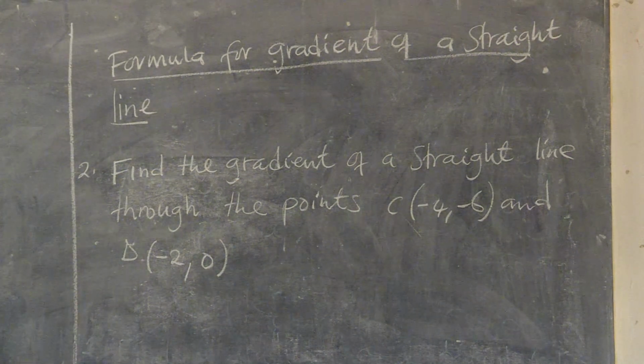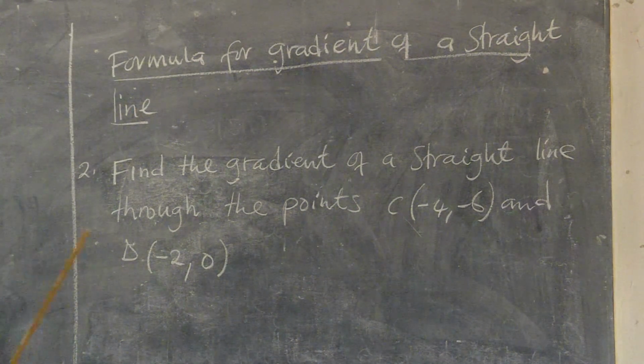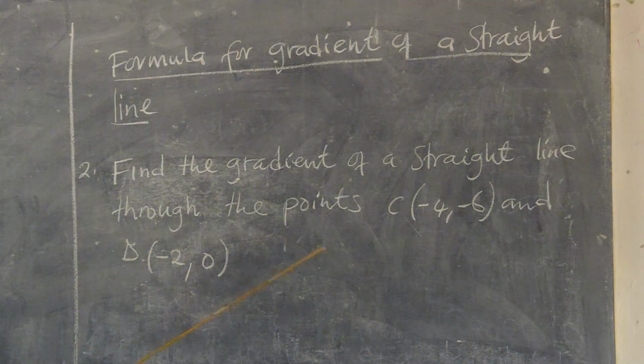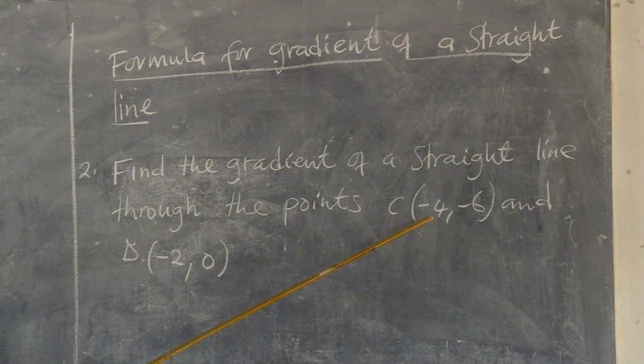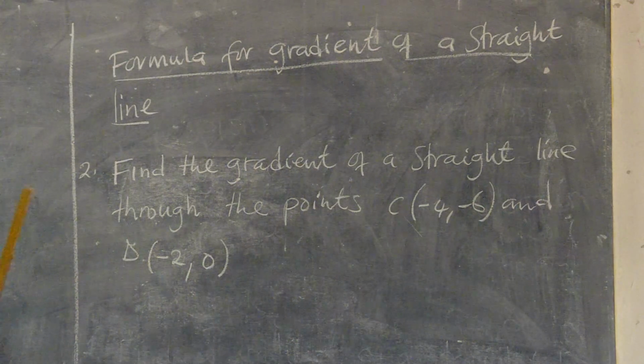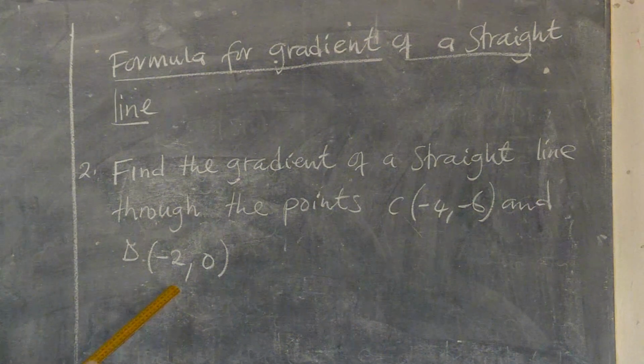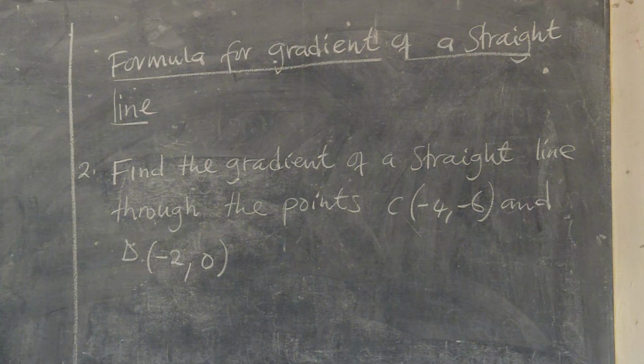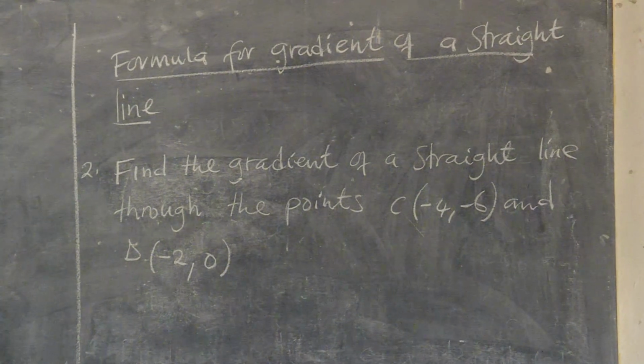So the question is find the gradient of a straight line through the points C (-4,-6), D (-2,0). Finally, the gradient.